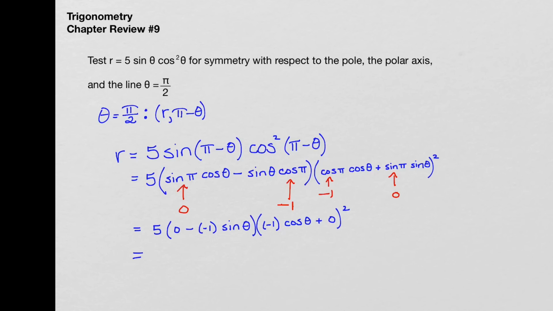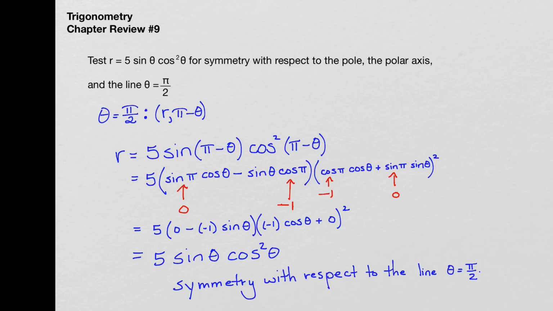Let's see, we've got 5. We've got a positive sine theta, a negative cosine theta, but then it's squared, so now it's positive cosine squared theta. So what I end up with is the original equation. And that means that we have symmetry with respect to the line theta equals pi over 2. And that concludes my problem.